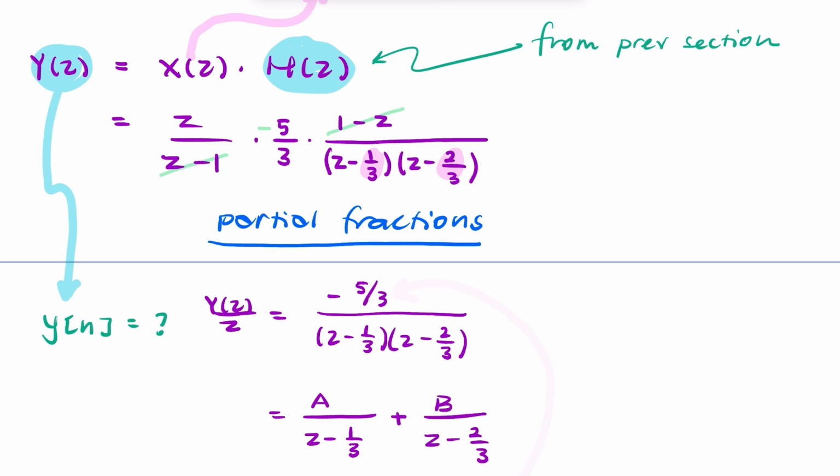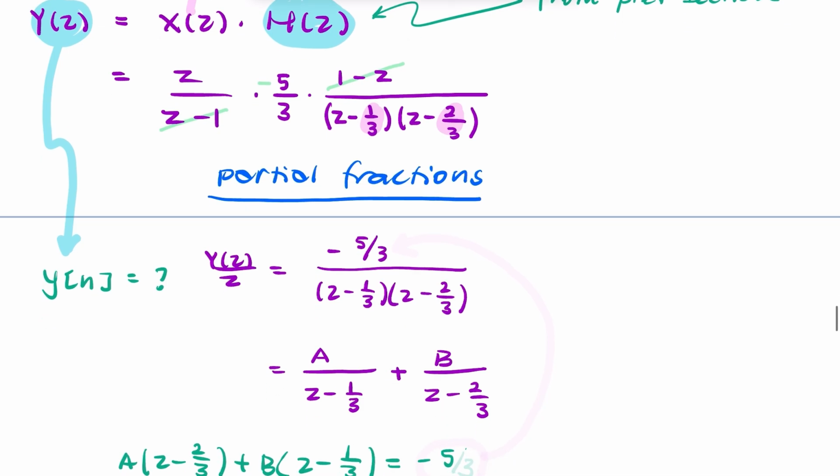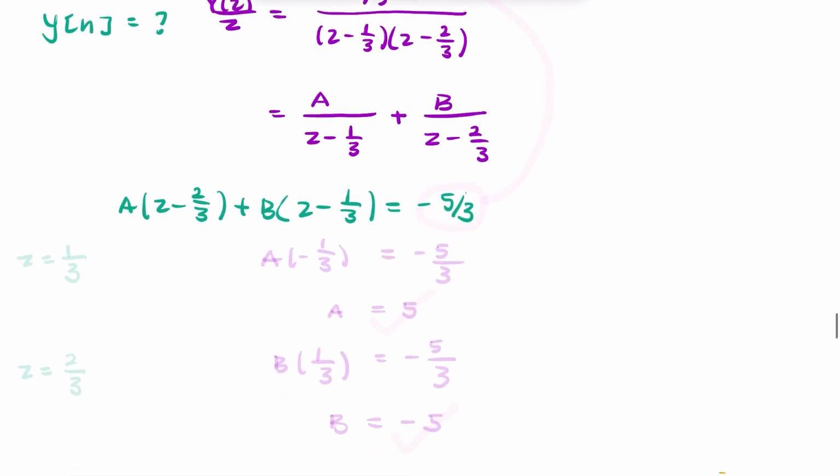And that's where your partial fractions comes in. So you can write your expression. It'll look something like this. A times z minus 2/3 plus B times z minus 1/3 equals minus 5 over 3.